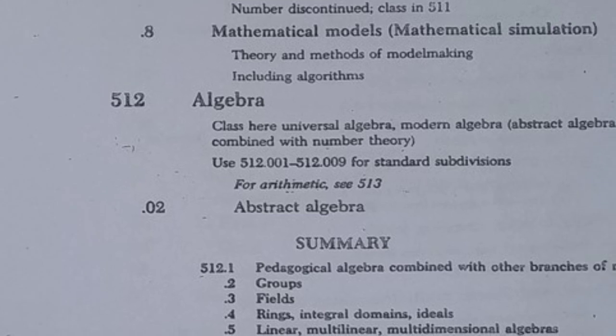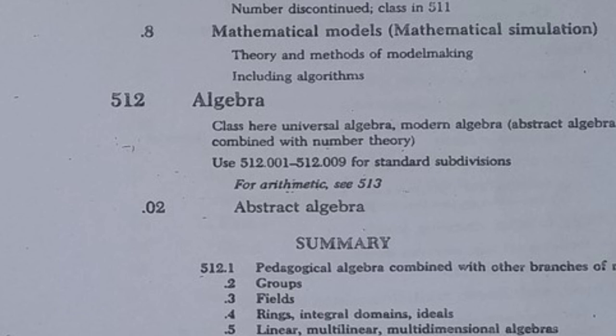We know the notation of dictionary in table 1 is dash 03, and dash 03 is in between dash 01 to dash 09. So if we use the notation of dictionary, we have to follow this rule.